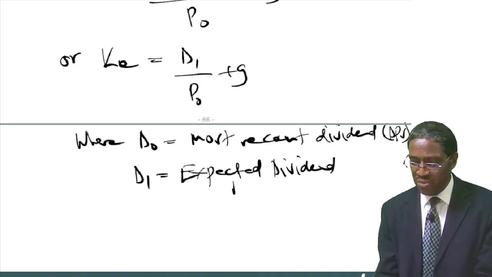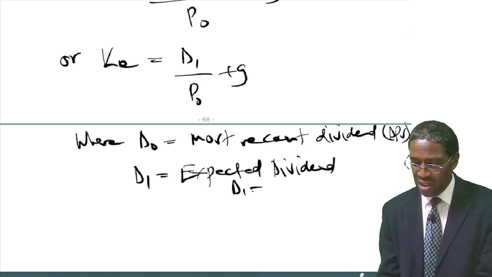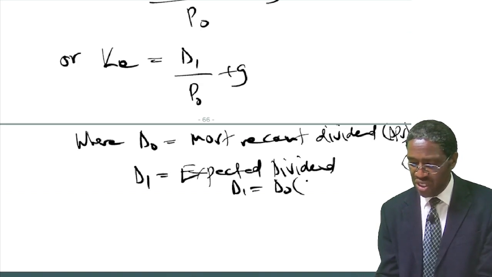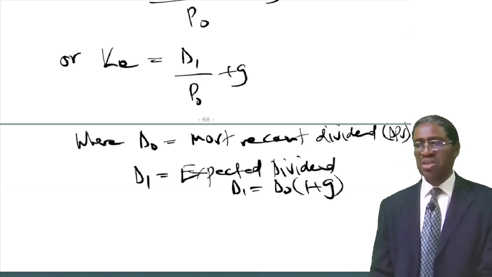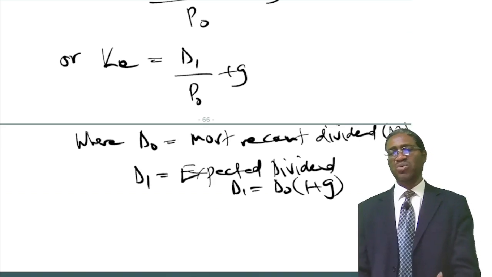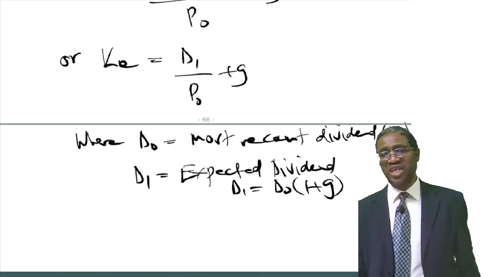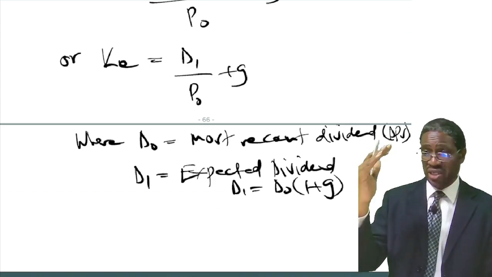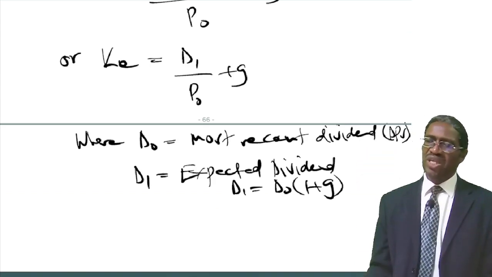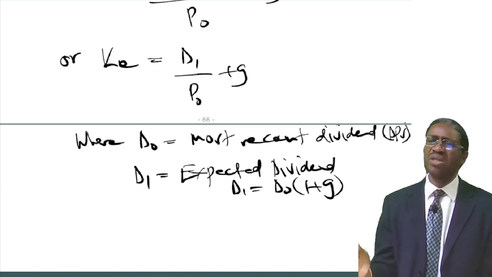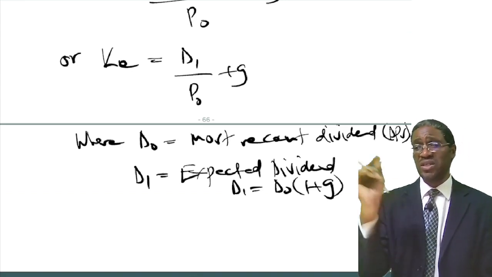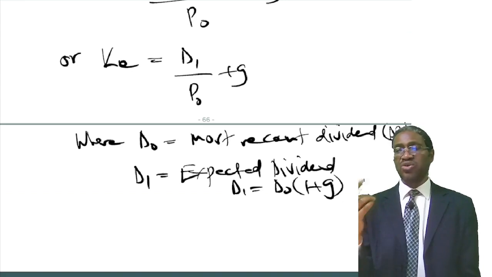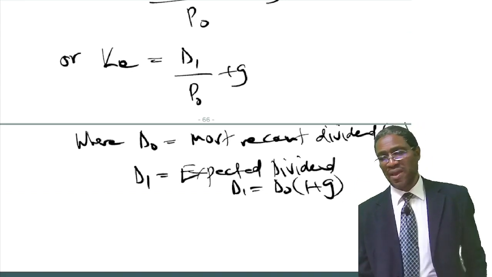Maybe you can put below that D1 equals D naught into 1 plus G, so that you know the numerator is the same. It's only that you express it either as D1 or as D naught into 1 plus G. Okay? Good.